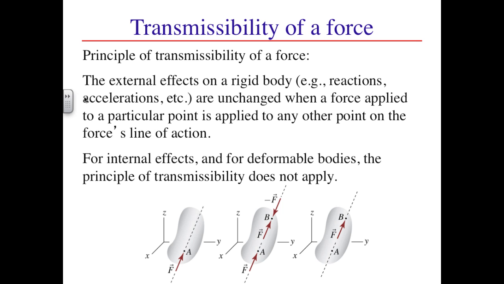We can then treat the original force F at A and the force minus F at B as a special kind of force couple. Since the forces are on the same line of action, they produce no net moment, and since they are equal and opposite, they cancel out. The residual force F at B remains, amounting to sliding the original force along its line of action from A to B.